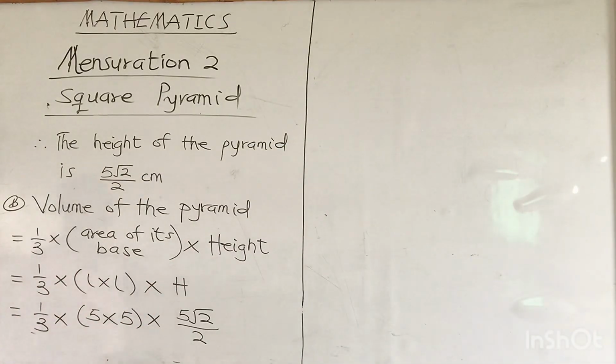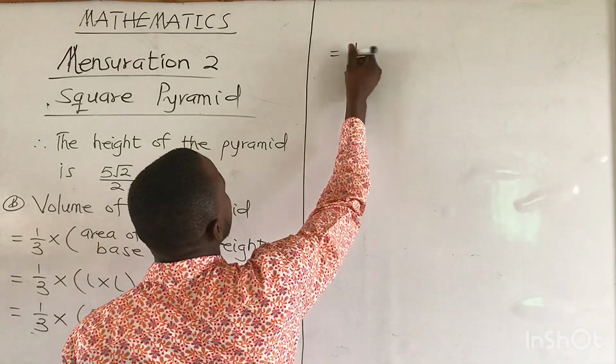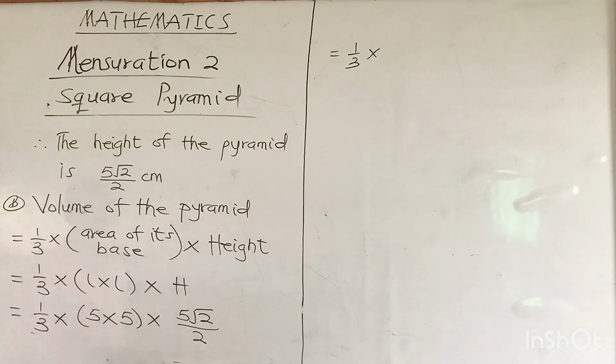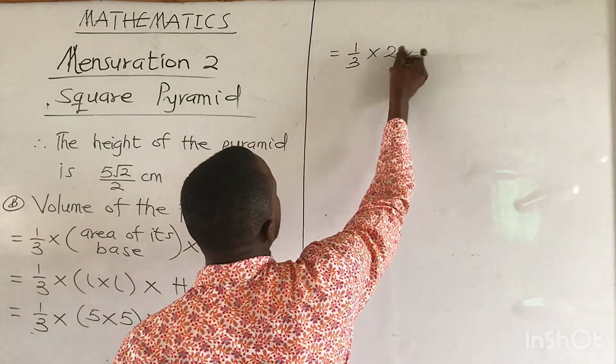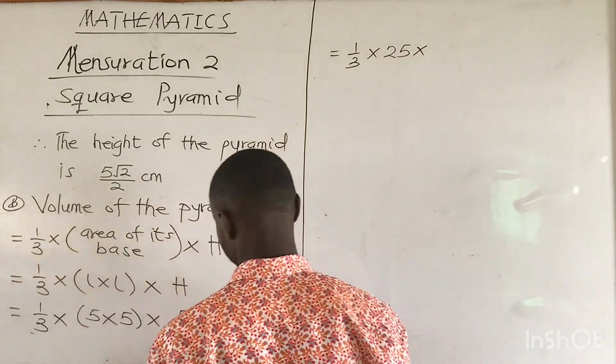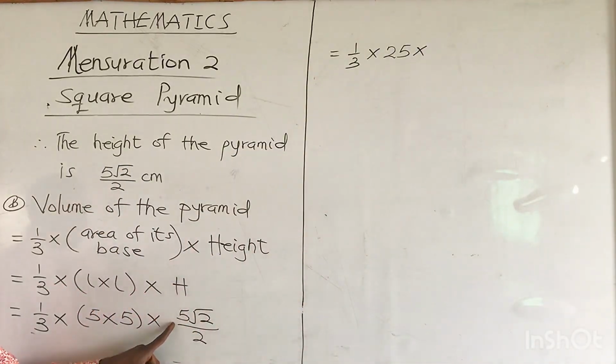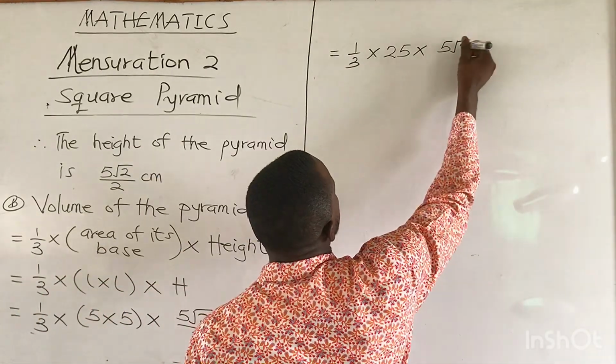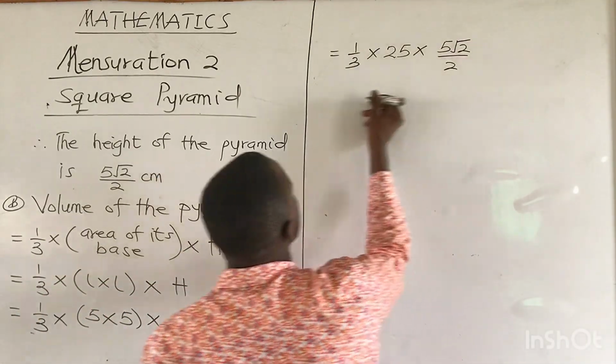So we have 1 over 3 times 5 times 5, we have 25 times 5 root 2 over 2.